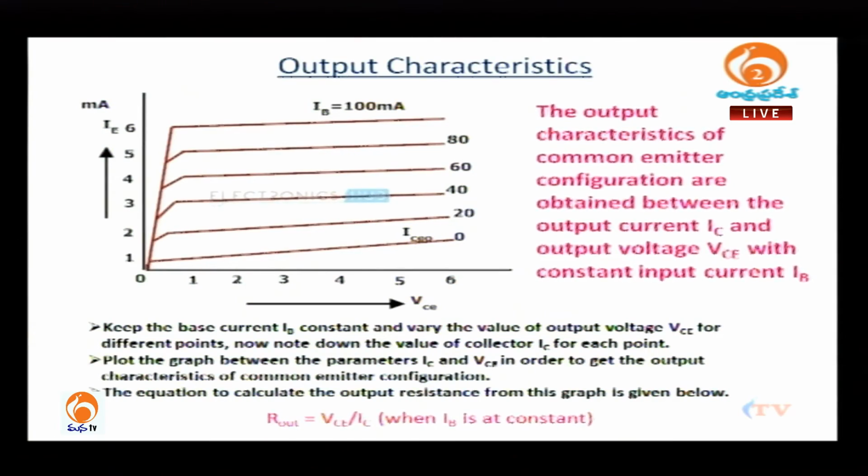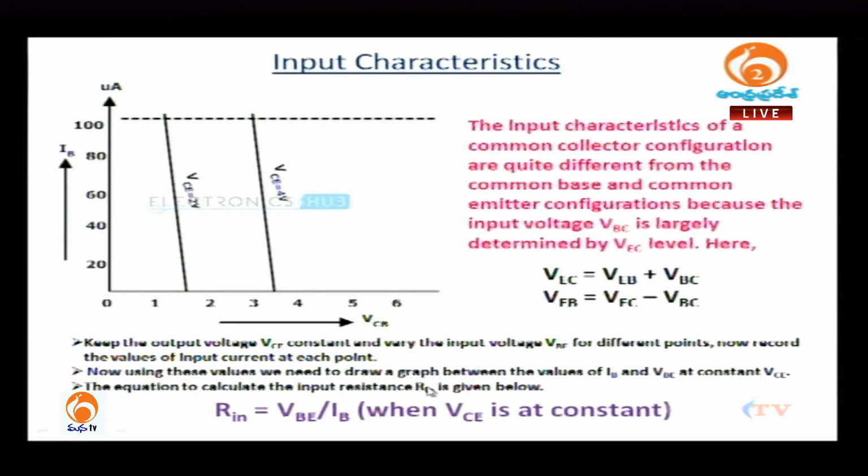Next, coming to the output characteristics of the transistor in the common collector configuration. Here we see that the characteristics are almost similar to the output characteristics of a transistor in common emitter configuration. Again we have a cutoff region, a saturation region and an active region.